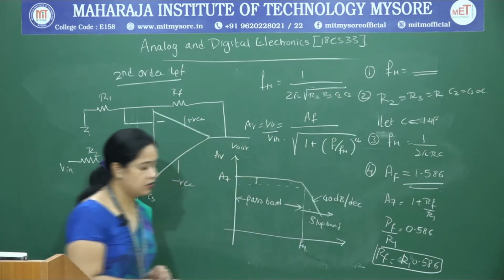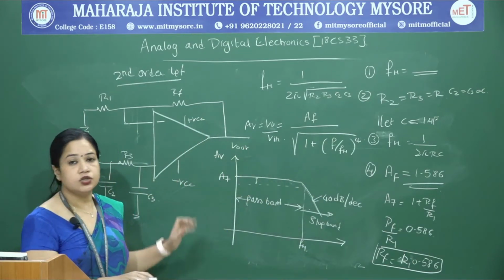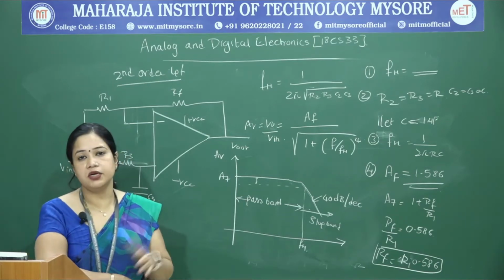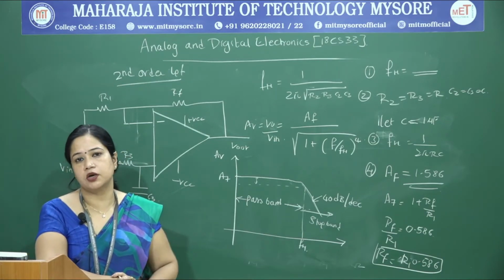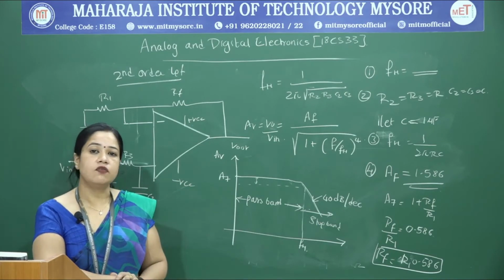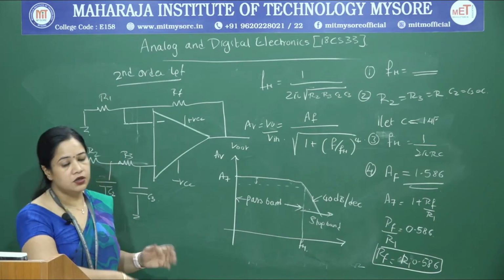R1 into 0.586. So, these are the design steps involved for designing a second order low pass filter. We will take a couple of problems on second order low pass filter before we jump to the design of a high pass filter.